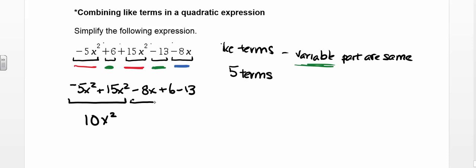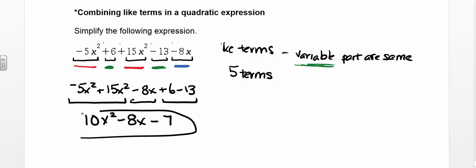I don't have any other x's, so then I just have a negative 8x. And then my last 2 terms are constants. So I have a plus 6 minus 13 gives me a minus 7. So my answer is 10x squared minus 8x minus 7.